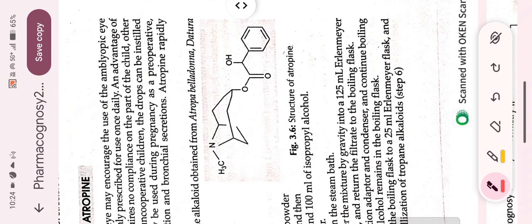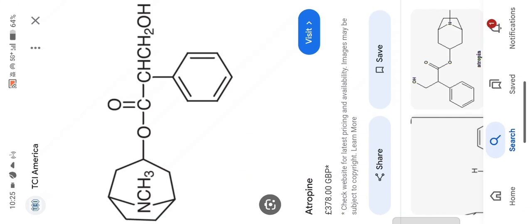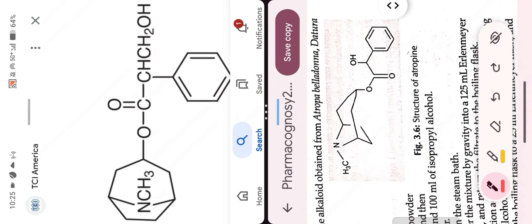Okay, coming back to this PDF of atropine. We have the 7-membered ring, right? One is nitrogen CH3 and one will be O. And the other COO. I'll just split. Yeah, here we get a very beautiful way of comparing both the things.